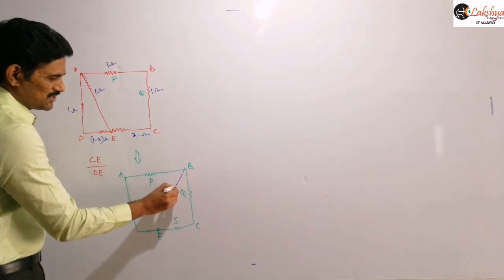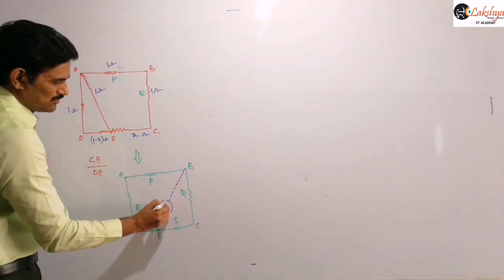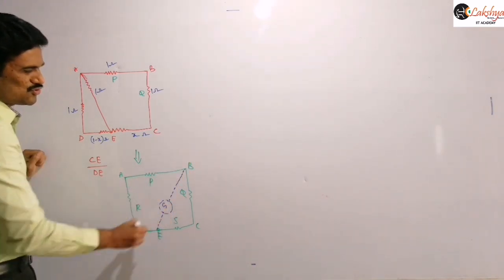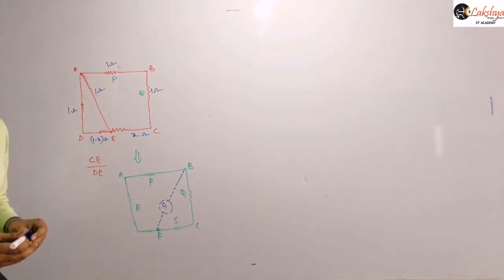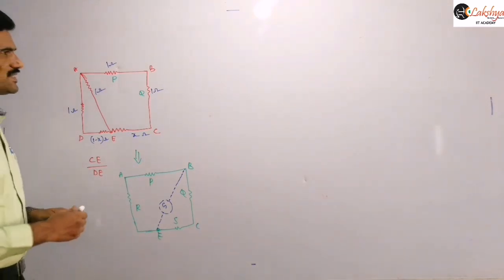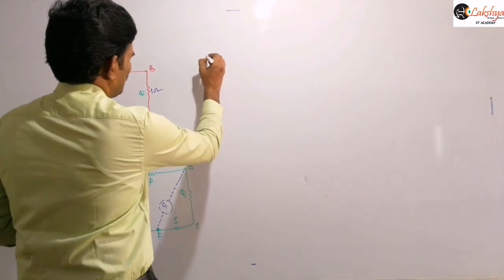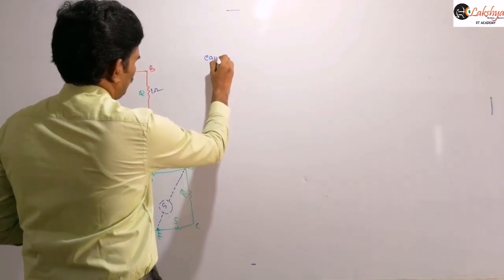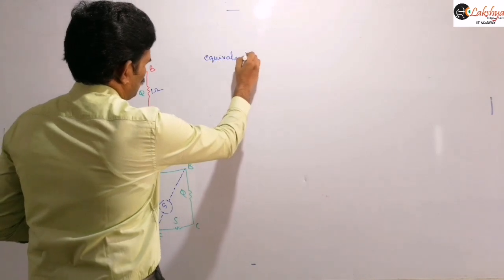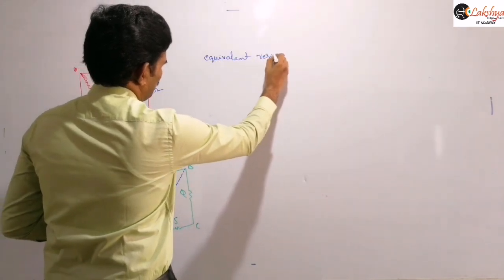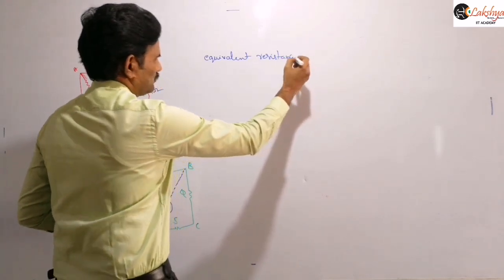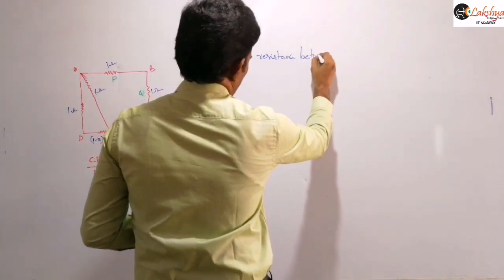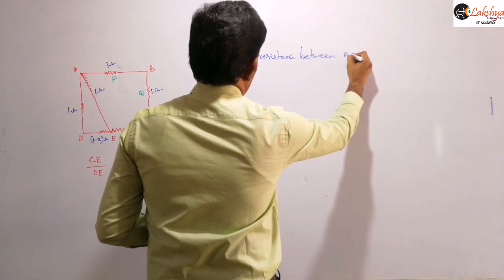So this is the position of the galvanometer which we need to assume is connected between those 2 points. So first let us calculate the equivalent resistance between A and E.